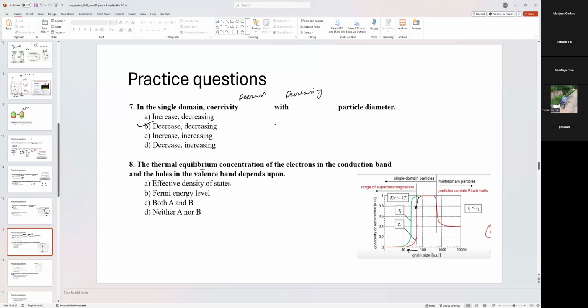The thermal equilibrium concentration of electrons in the conduction band and holes in the valence band depends on.